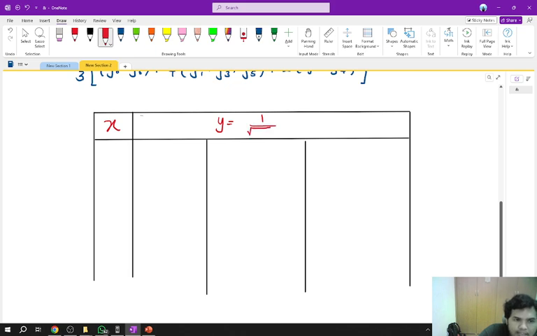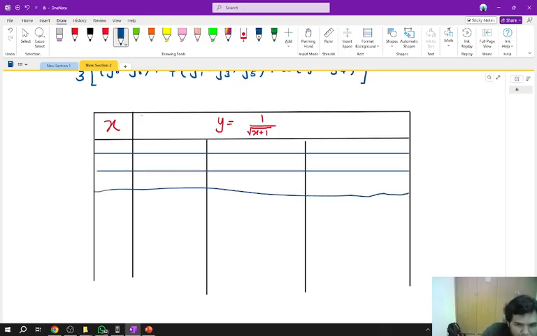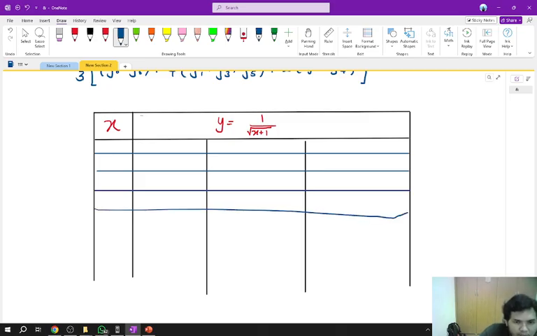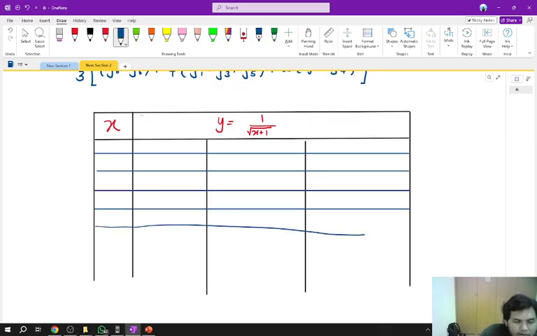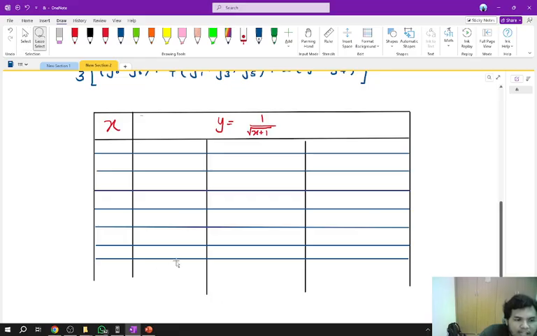So we need to find the value of x0 in order to get the value of y0, x1 for y1, x2 for y2, x3 for y3, x4 for y4, x5 for y5, and last one x6 for y6. We stop at 6 because n is equal to 6.